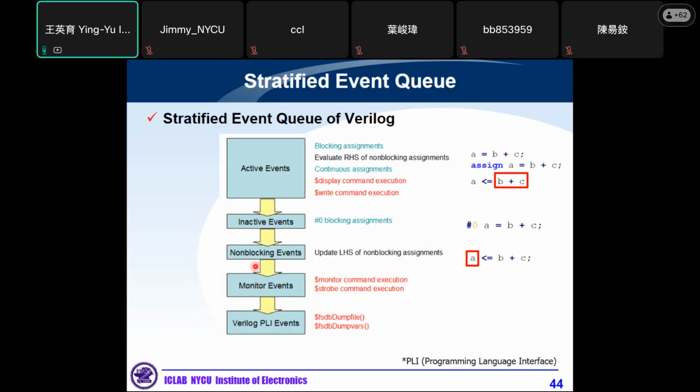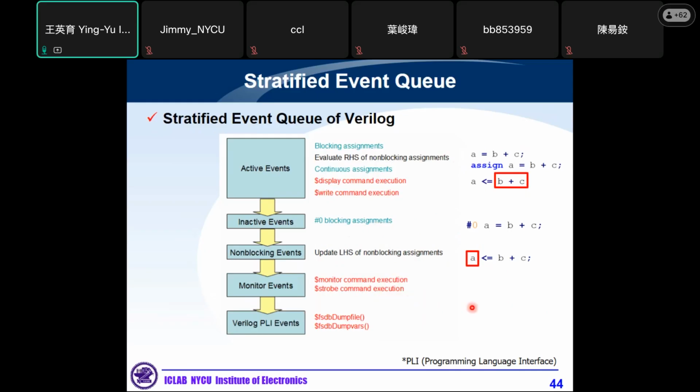And the third one is the non-blocking event. The simulation software assigns the pre-computed right-hand side value from the active event to the left-hand side variable. And the fourth queue executes the monitor event, including commands like monitor and strobe.